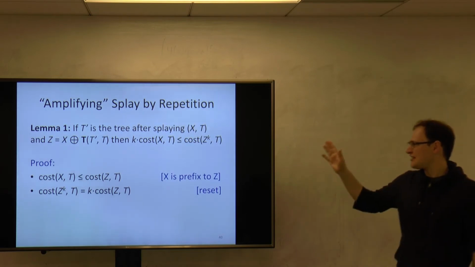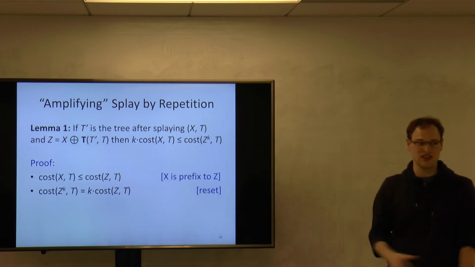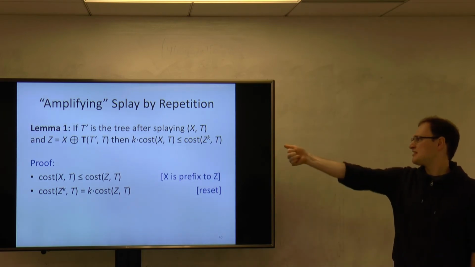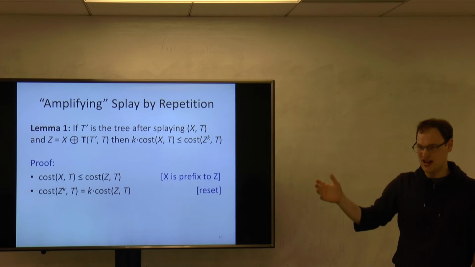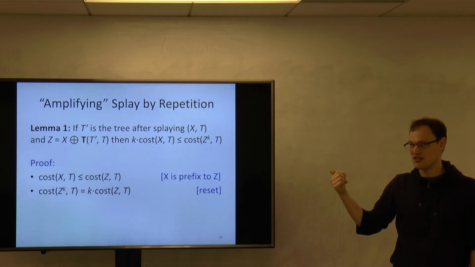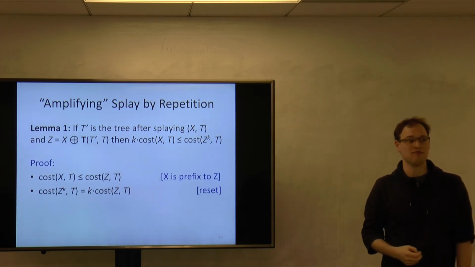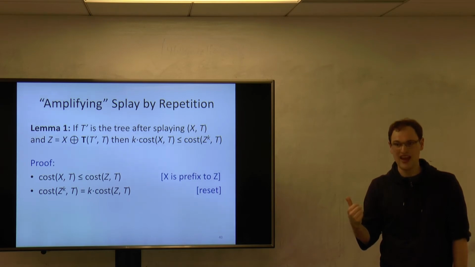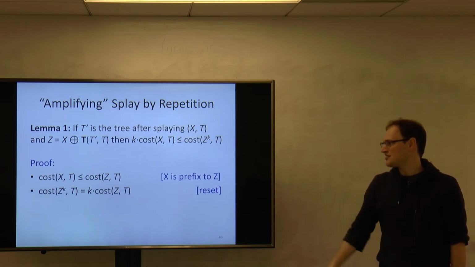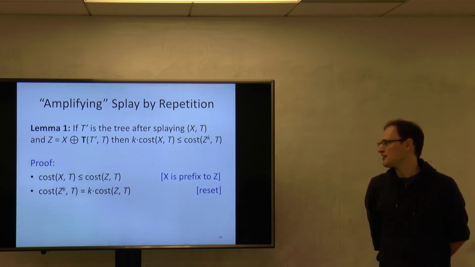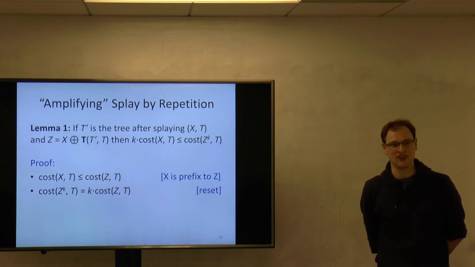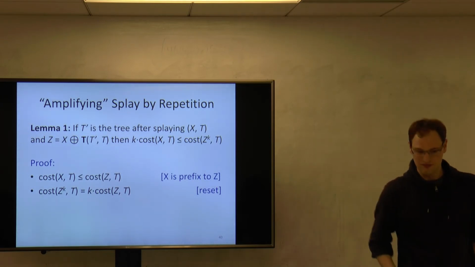So I just add a resetting transformation sequence. Then if I repeat this augmented sequence z k times, the cost is exactly k times the cost of z. And the cost of splaying z is strictly greater than the cost of splaying x, because x is a prefix.